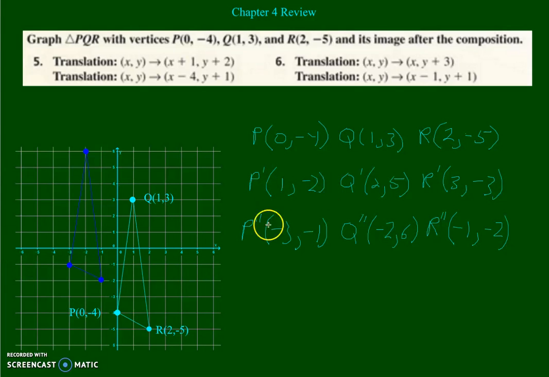So 1, -2, 2, 5, and 3, -3. And that shows us the 3 separate transformations in the composition. So we went from here to here to here.